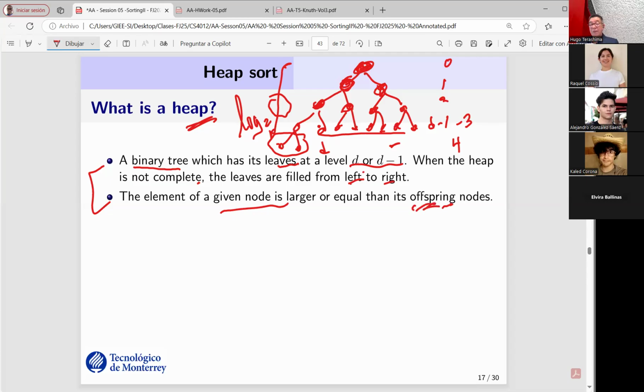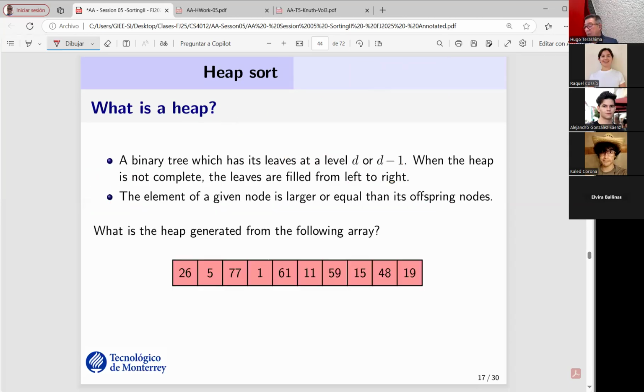Does that make sense? Okay, so let us do the example. At the beginning, you're going to generate a heap. So this is the array, and you need to put it in a binary tree and then construct the heap. Let us do that, right?